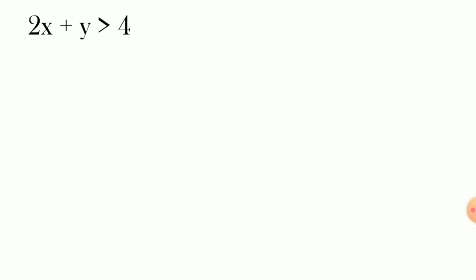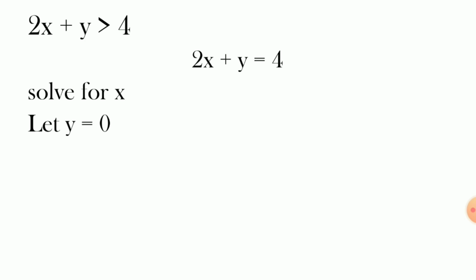Next is to solve for x. So let y be equal to 0. From the equation, replace y with 0. That is now 2x plus 0 is equal to 4. Then divide both sides of the equation by 2. That is x is equal to 2. If y is 0, x is 2.